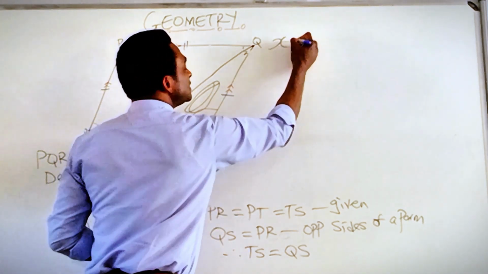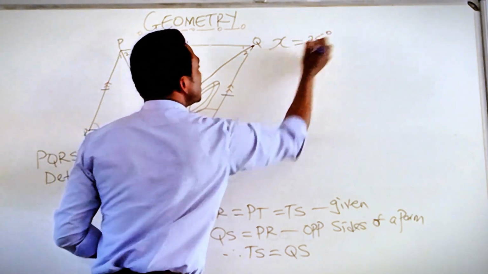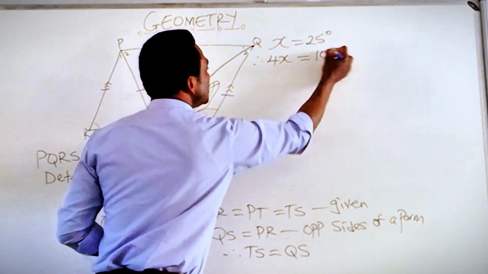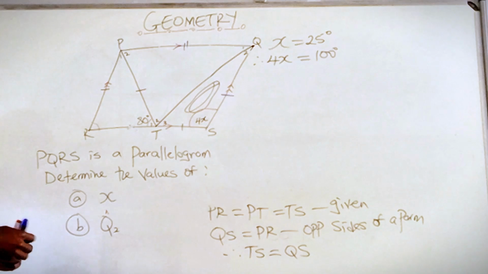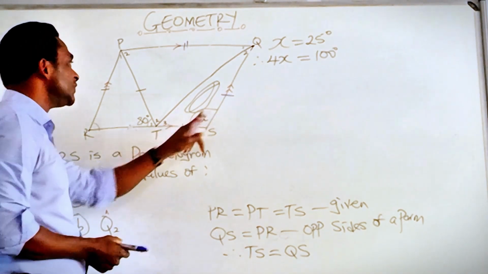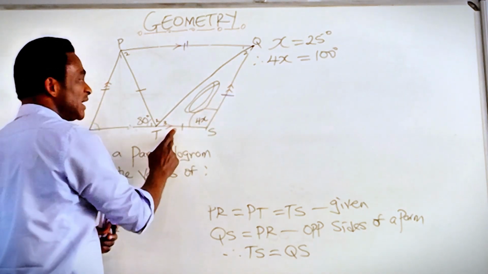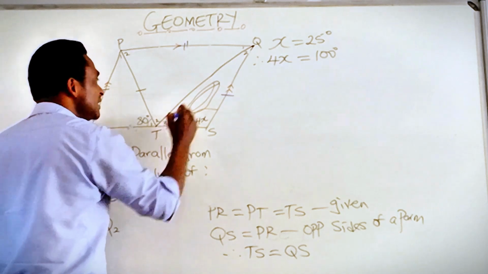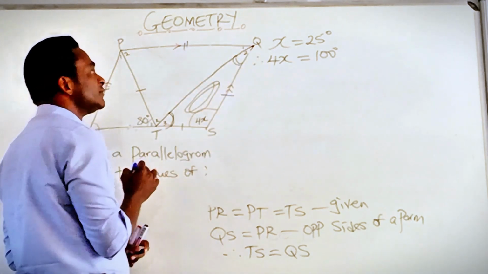Remember, our x is 25 degrees. Therefore, 4x is 100 degrees. So this angle is 100 degrees. The base angles are equal, this one and this one.